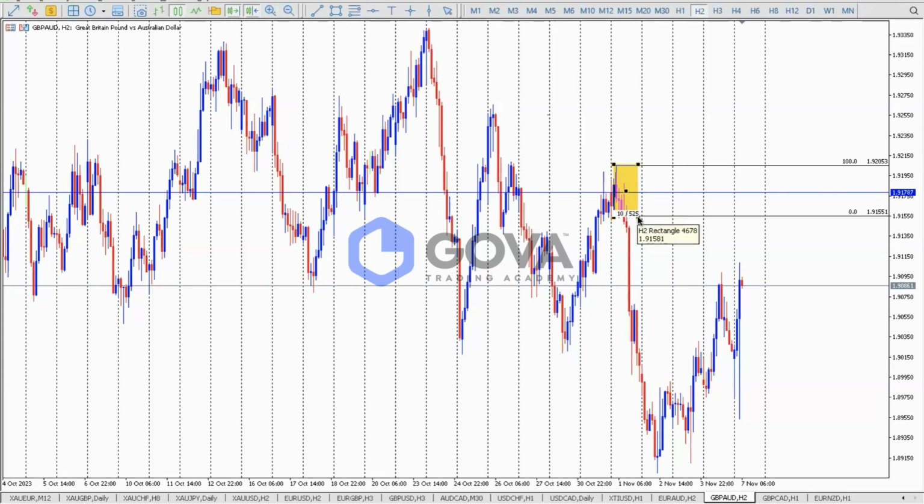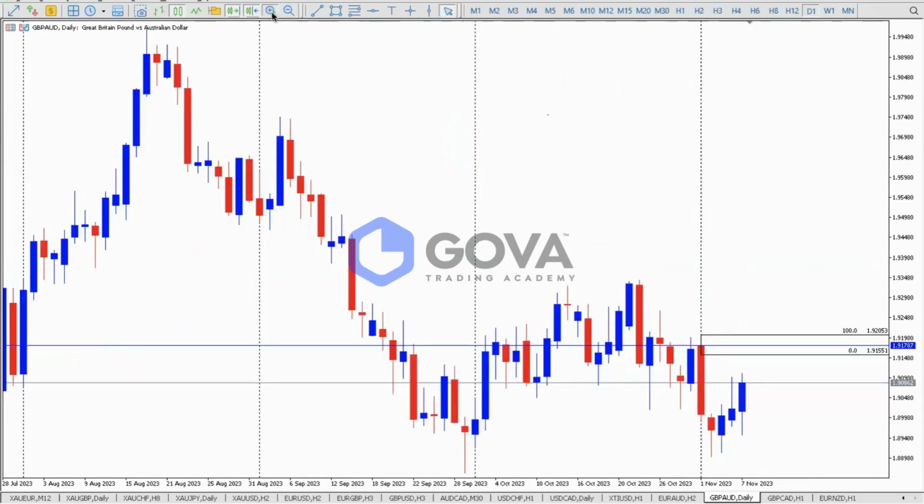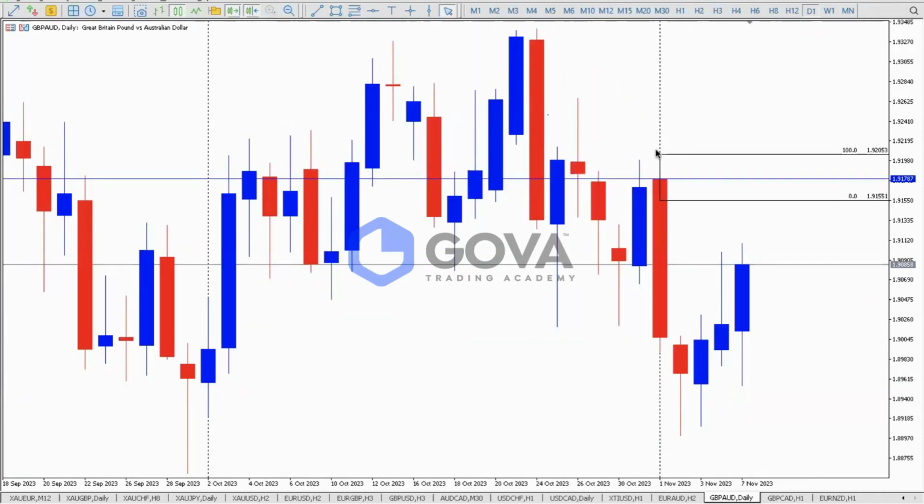You can see this is where the zone is right now on the D1 time frame. You can see the zone is on the supply side of the candle, which is okay. So that is it, guys. Now let's check on GBP CAD.